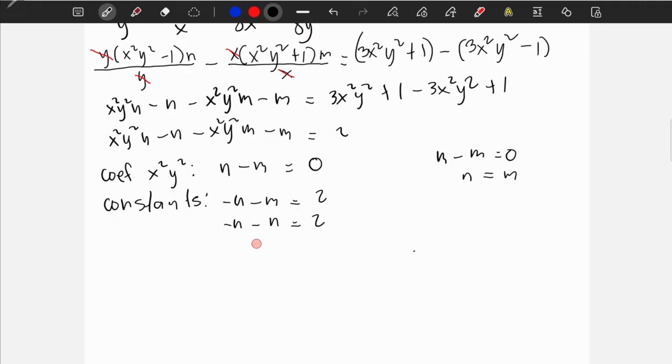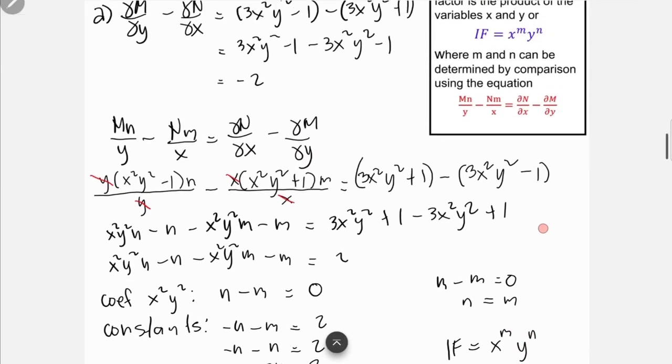Negative n minus n is negative 2n equals 2. Divide both sides by negative 2. n is equal to negative 1. Since n and m are equal, our m is also negative 1. And the IF for case 3 is x to the power of m, y to the power of n.